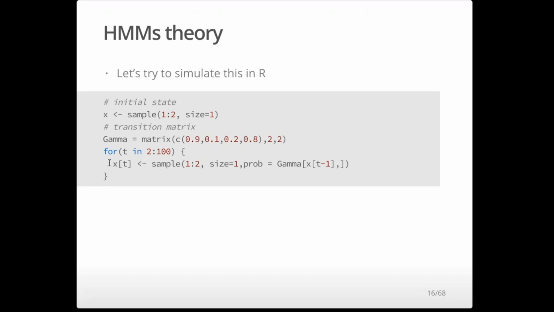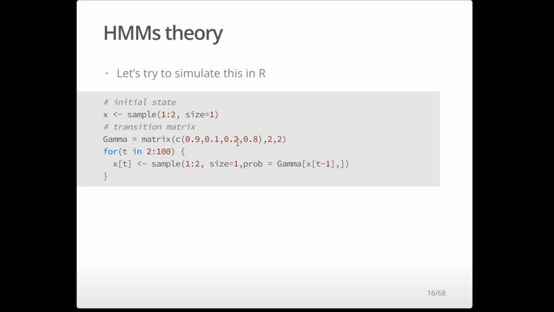Then we can write a loop where for every time step, we sample a new vector of size 1, and the probability of being in state 1 or state 2 is going to depend on which row of gamma we're pulling from.